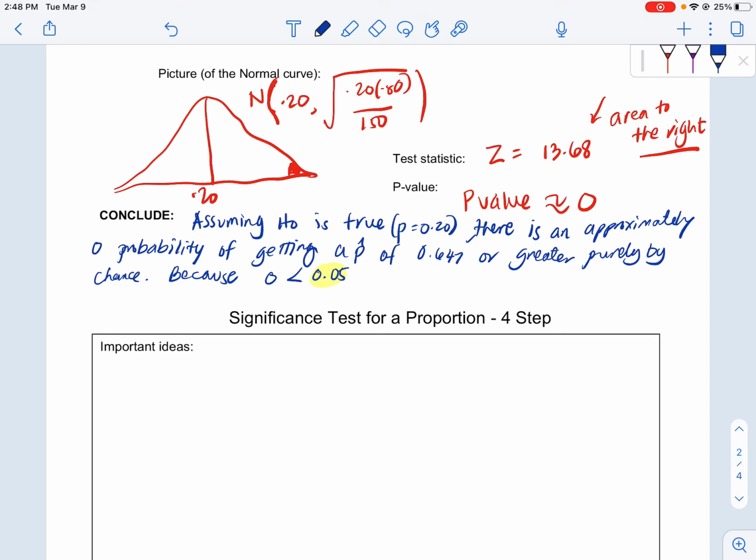We reject H0. We reject the null hypothesis, or we are going against the null hypothesis.